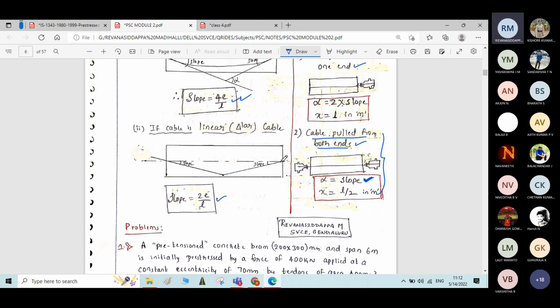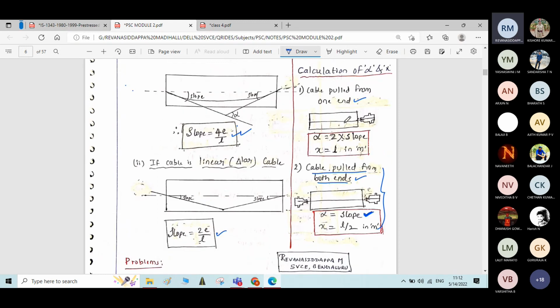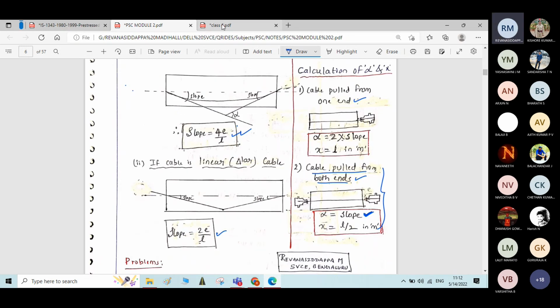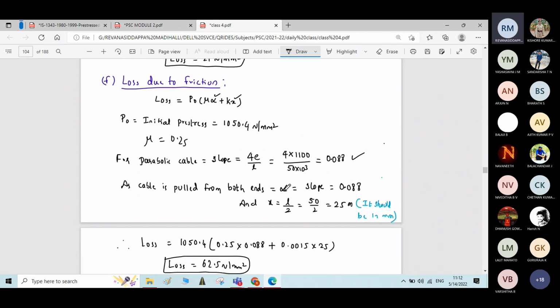Instead of saying cable pulled from both ends, if he says it is pulled from only one end, you need to use this formula: alpha is equal to 2 into slope and x is equal to L. Now we got slope, the alpha and x value.